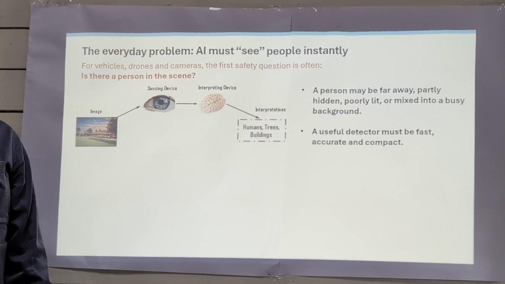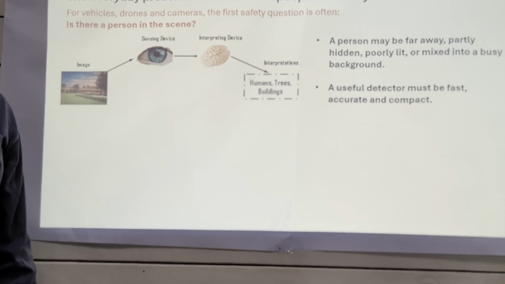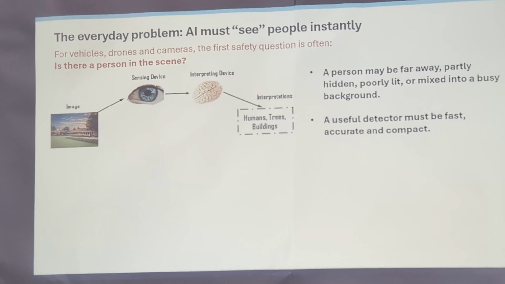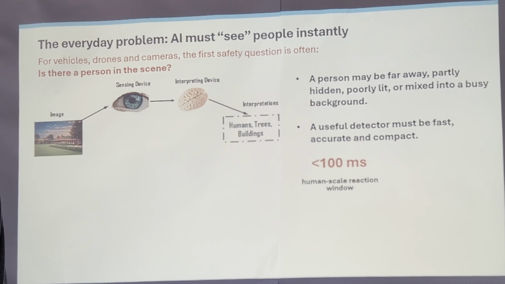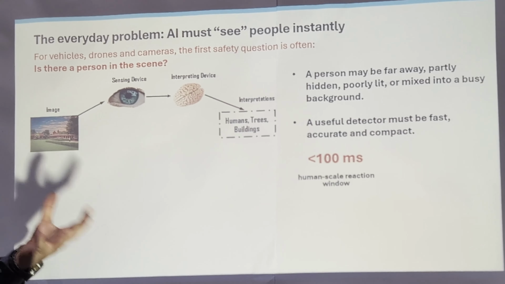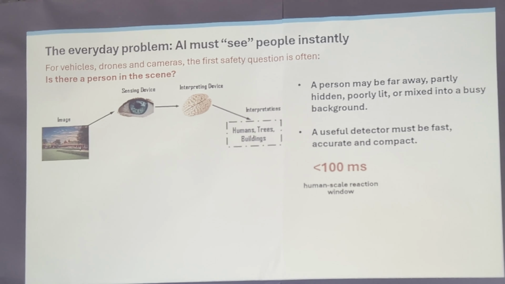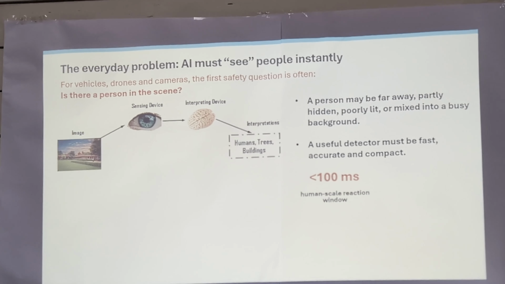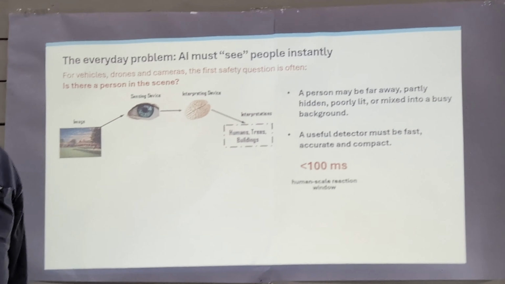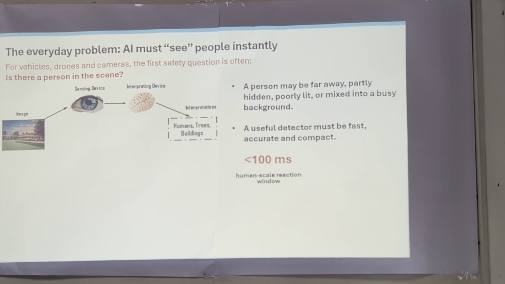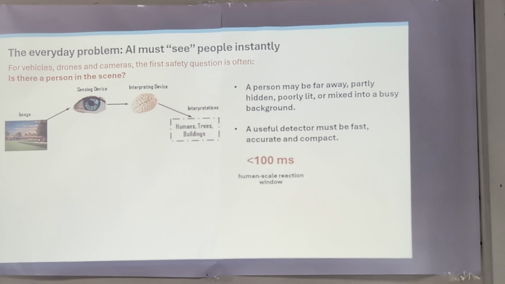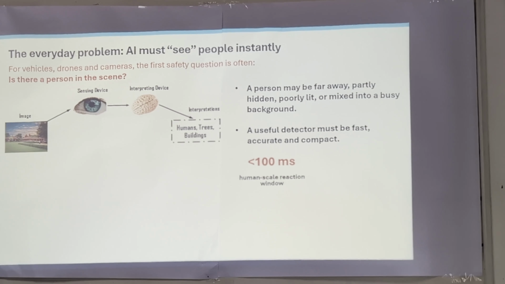Well, human cognition and reaction times are around less than 100 milliseconds. Anything above that we will perceive. Think about, for instance, talking on the phone when the signal bounces off a geostationary satellite 36,000 kilometers away.